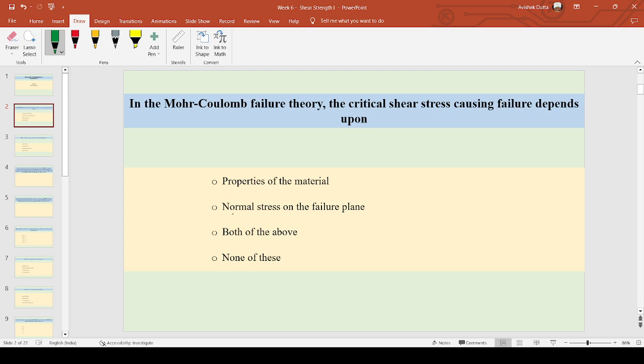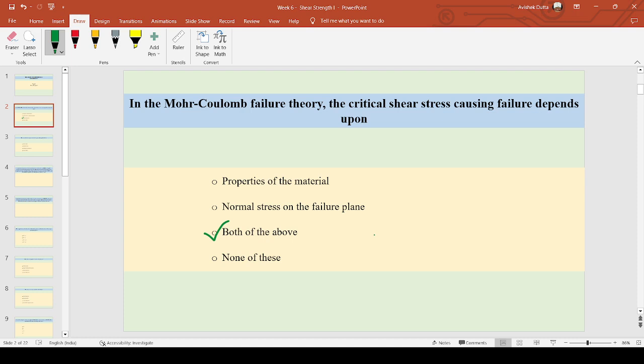So yes, it depends upon both of the above, because when normal stress is applied, and then shear stress is applied in a direct shear test or in a triaxial test, when shearing occurs, the properties of the material also play a significant role. This will come further as we see the main shear strength equation.